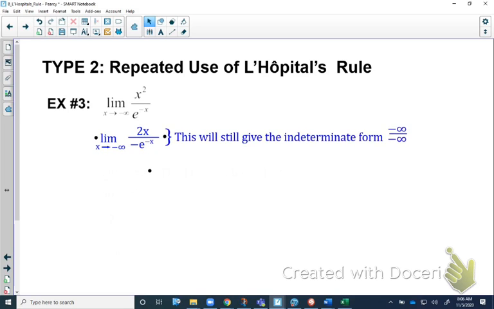Now on this one here, I want to write this out for you also. Let's take a look at just this denominator here, e to the -x power. Now you understand that the derivative of e to the x is e to the x. But because of the negative sign on the x, again, we're going to use the chain rule.